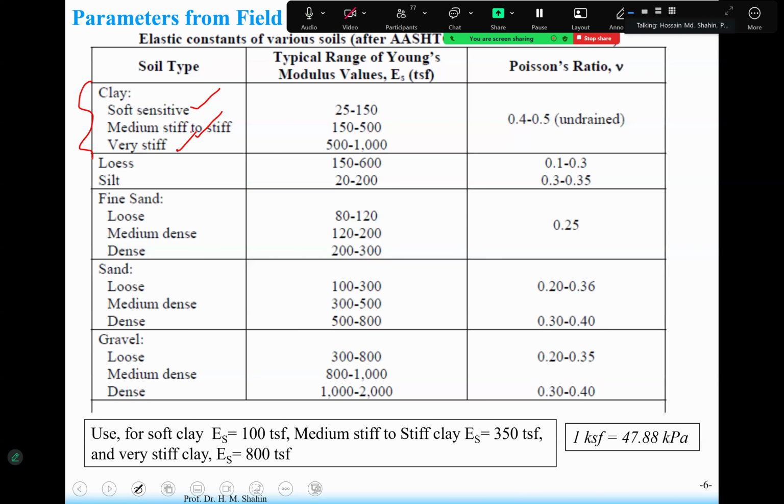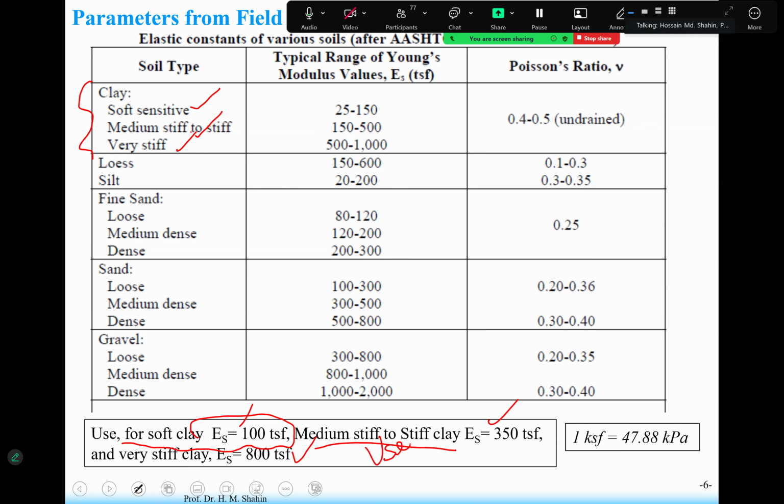So if it is soft clay, use this 100 TSF, but you have to convert it. TSF is 95, not point something, so multiply this and you will get kPa. For medium stiff to stiff clay, 350, and then very stiff clay, 800 TSF. Use this.